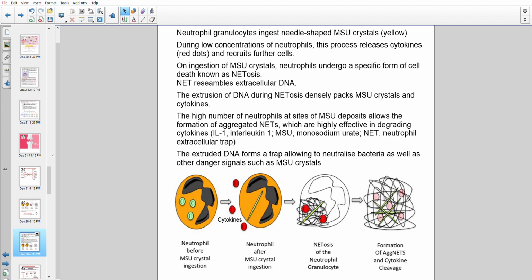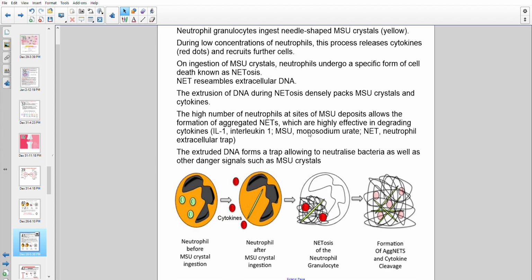The high number of neutrophils deposited allows the formation of aggregated nets, which are highly effective in degrading the cytokines, the red dots, such as interleukin-1 and the others. It also degrades the MSU crystals and the net-forming substance.